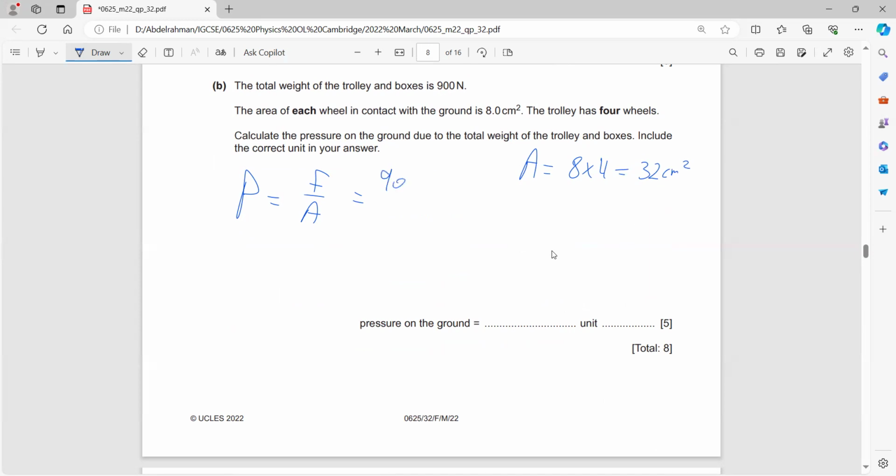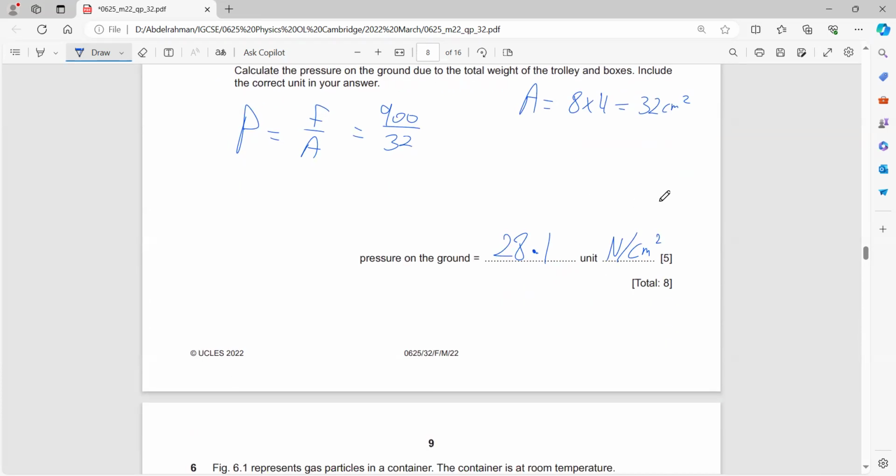Then the force is 900 divided by 32. What's the final answer? 28.1. What's the unit? Newton per centimeter squared. Okay, good.